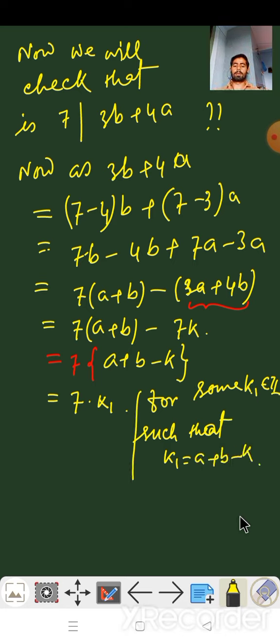It will exist because a, b and k belong to Z, and therefore their addition and subtraction is always an integer, and hence k1 belongs to Z.